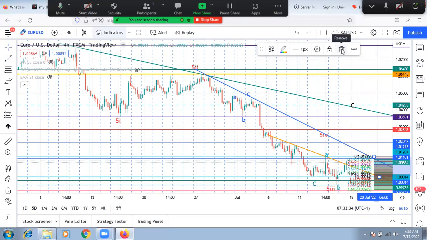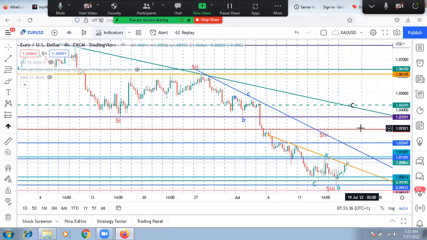So if B should stop in that region, we should expect a minimum of what? An extended flat or an expanded flat correction to the upside. And if we now breach the limit of that, then we will say, okay, something else is happening, which means maybe it's the beginning of a bigger correction. Now, let's see, because it's an expanded flat at 1.414, the only place it is to end is not 100, it is 123.